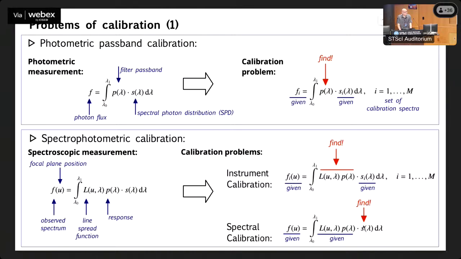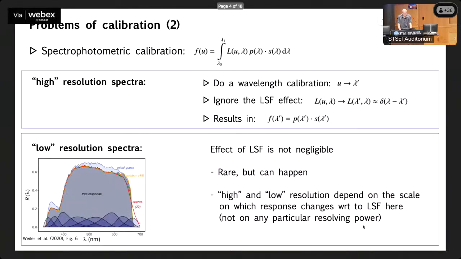You might not agree fully with this formulation of the problem, because usually one does it in a different way, here called high-resolution spectra, with high in exclamation marks. One just takes a focal plane coordinate and transforms it into a wavelength with the help of a lamp spectrum, and then simply ignores the LSF effect, which technically means we approximate the LSF as a delta distribution.